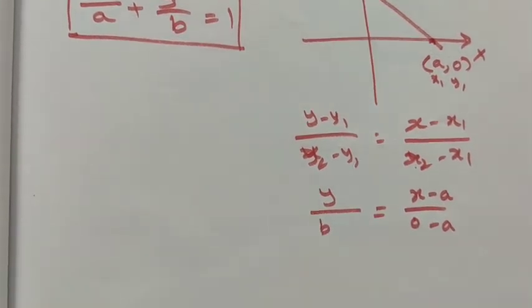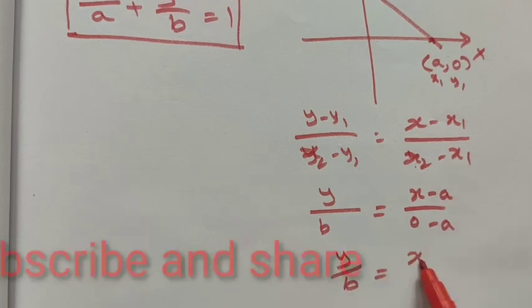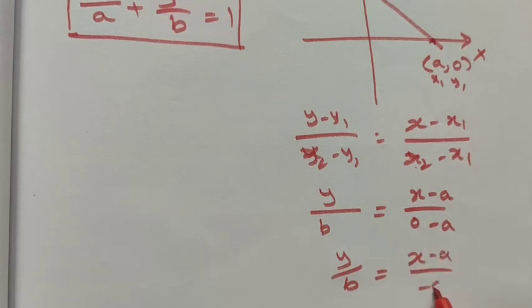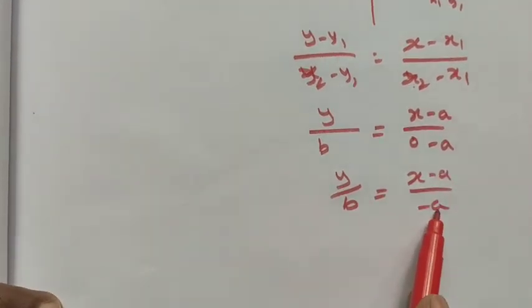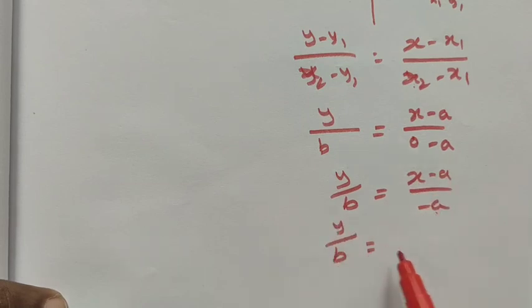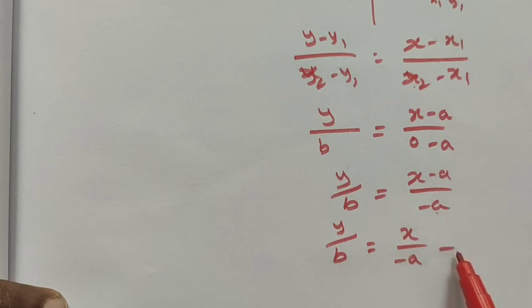Now here y by b is equal to x minus a divided by minus a, right? This minus a is common in both numerator and denominator. So y by b is equal to x by minus a, and since numerator and denominator both have minus, we put plus a divided by a.